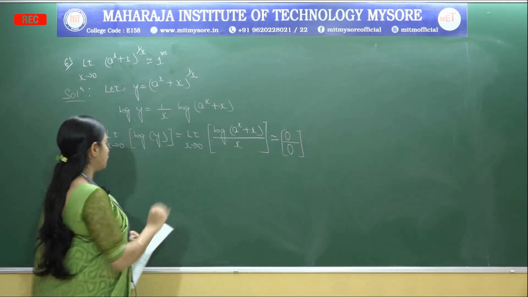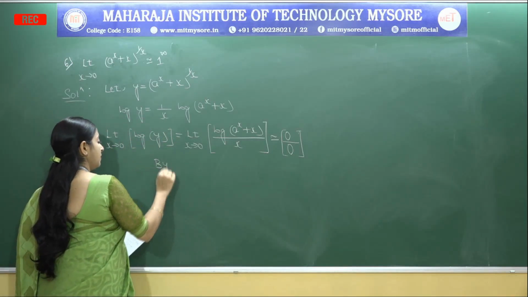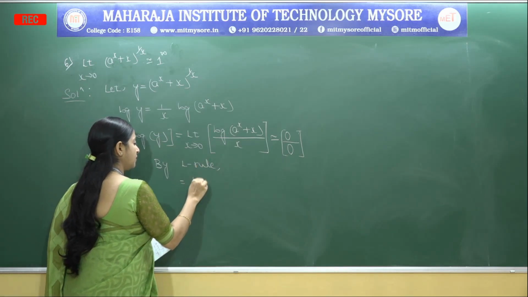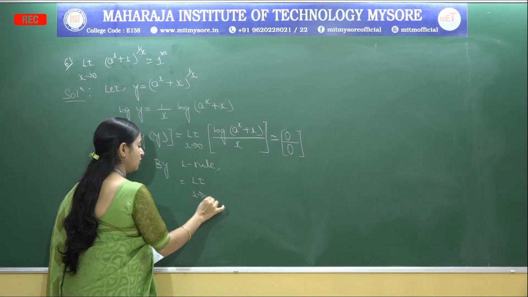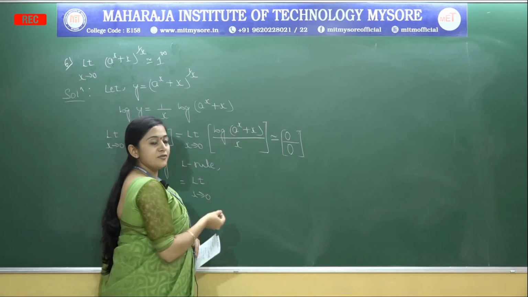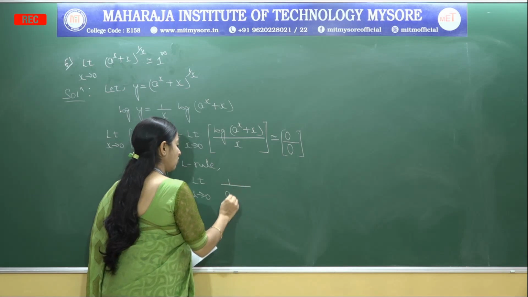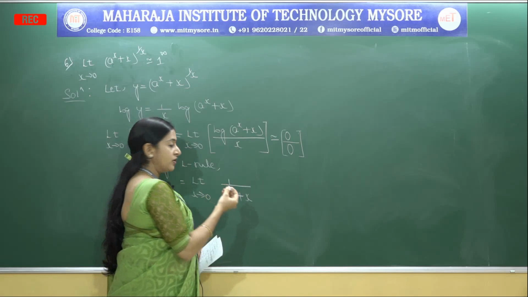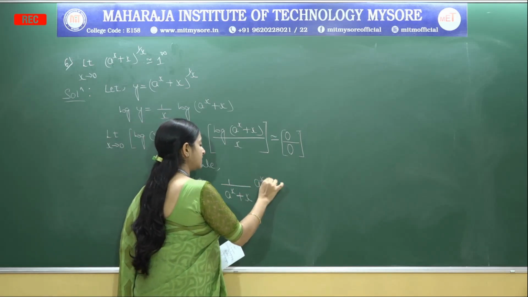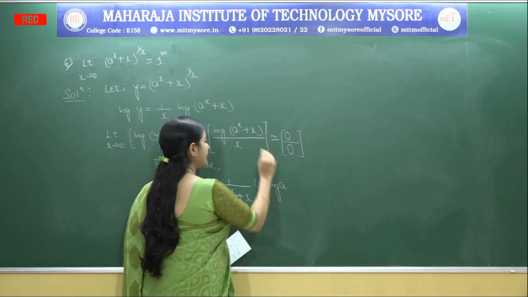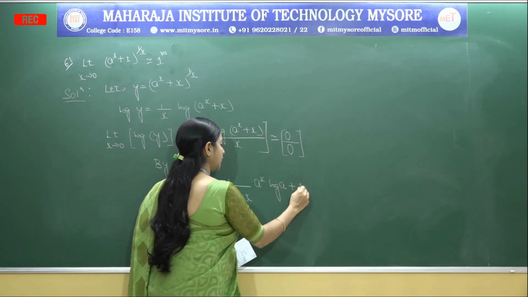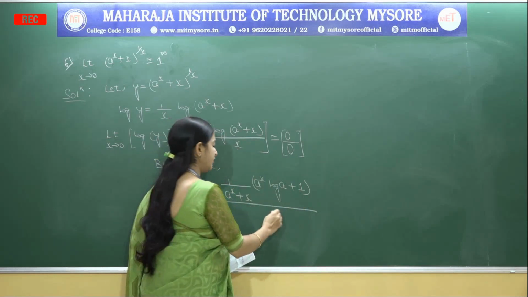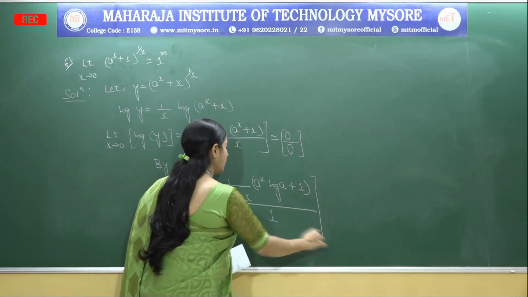Then apply the L'Hospital rule for the RHS part. By L'Hospital rule, the limit of x tends to 0, here log x differentiation 1 by x, 1 by a power x plus x, differentiate the a power x into log a, differentiate x, you will get the 1, denominator x differentiation, again it is 1.